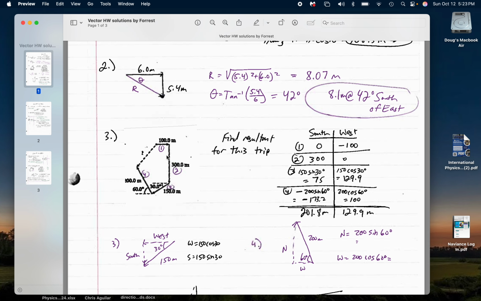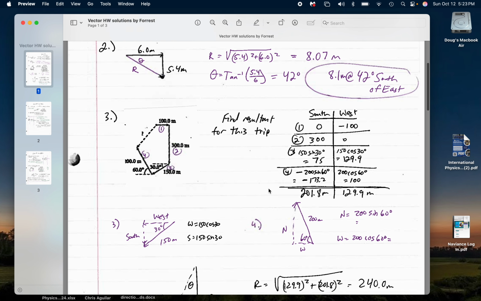Number 3, whenever I have something like this, I'm going to have to split each of these vectors into the horizontal and vertical components, just like I've done in an example in class, and just like we did for the vector bug lab when you were doing trigonometry. So for this, I chose south and west because it looks like it ends up south and west. The initial one was going 100 meters east, so that's 0 south, negative 100 west. The second one, 300 south, 0 west.